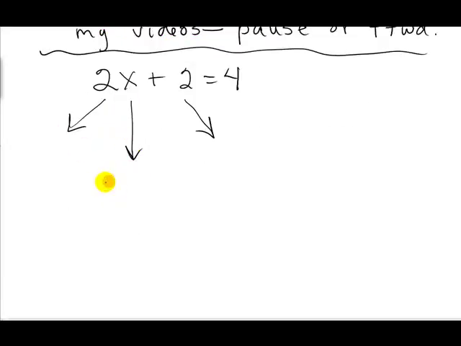The x you probably recognize as the variable. This 2 is by itself. It's not connected to a variable. It's called the constant. It is the number alone.